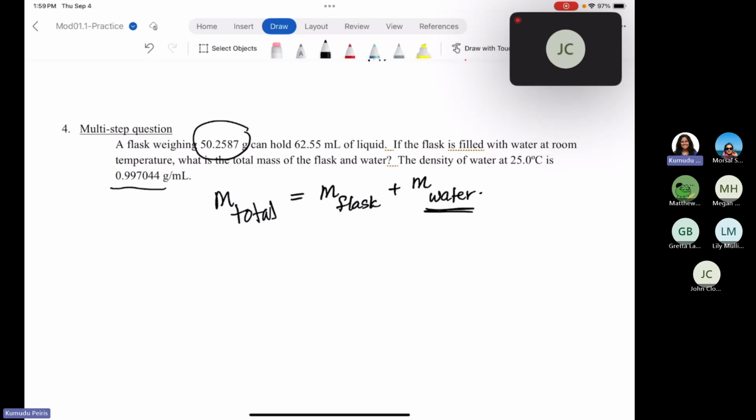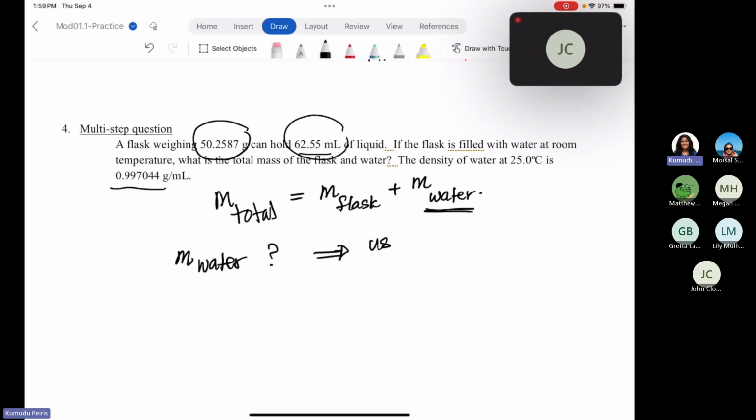But how can we find the mass of the water? We are given the volume, and we are given the density of that liquid. So using those two parameters, we should find the mass of the water. The volume of the flask is 62.55 milliliters. It cannot hold more than that.